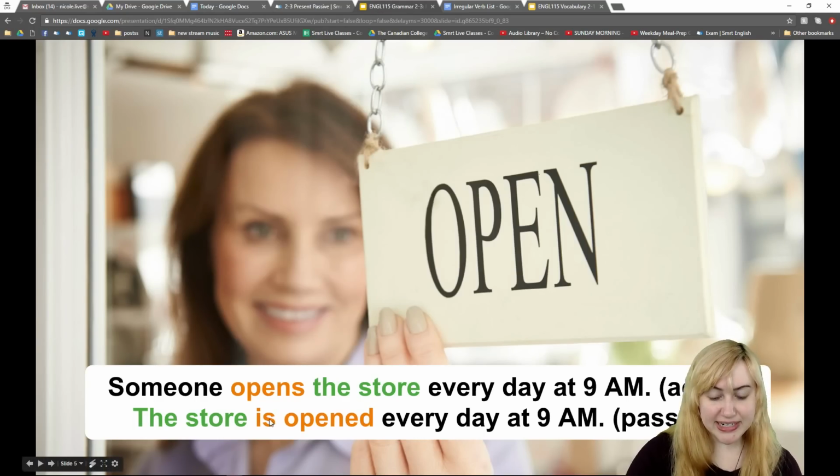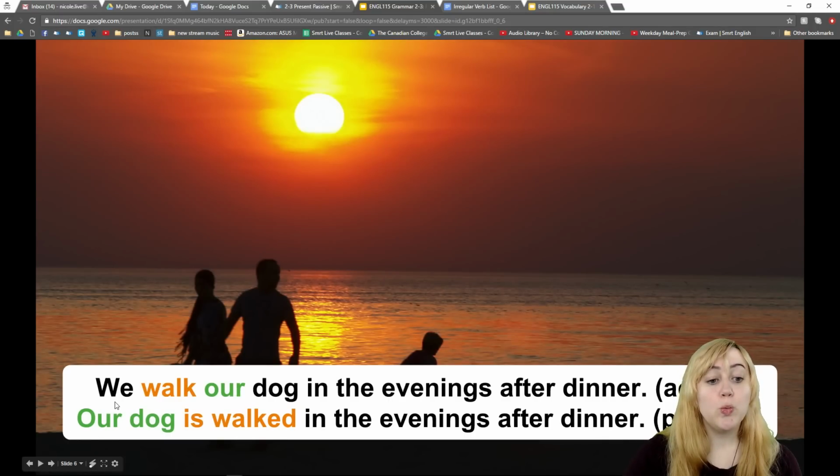Okay, so we had an example here with active and passive. Someone opens the store every day at 9 a.m. is active. The store is opened every day at 9 a.m. This is passive. And I think we might have a couple more examples. We walk our dog in the evenings after dinner. This is active.